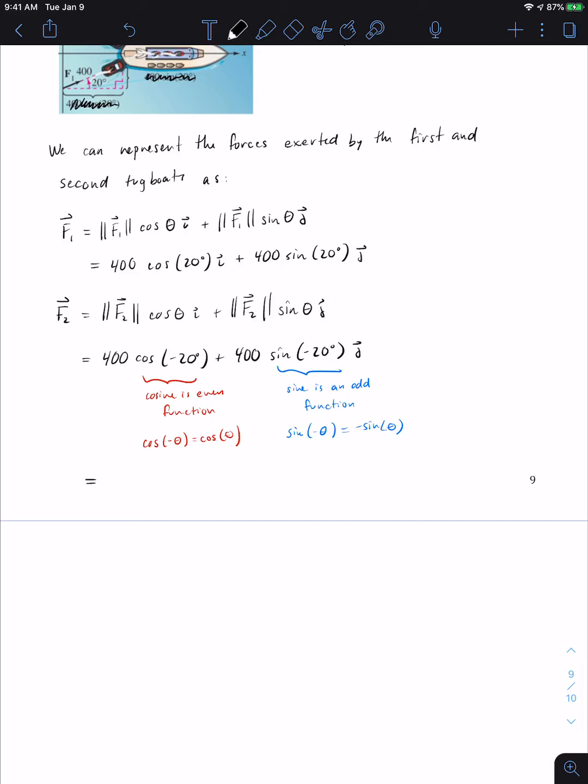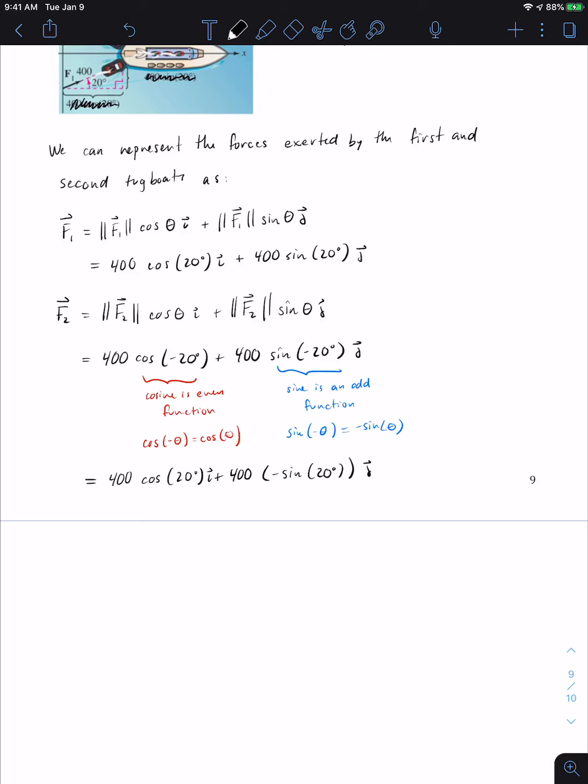So what does that mean? Instead of cosine of negative 20, cosine of negative 20 is the same as cosine of 20 because it's an even function. So I can replace this with cosine of 20 degrees. And then plus 400, and sine of negative 20, I replace with negative sine of 20 degrees j.